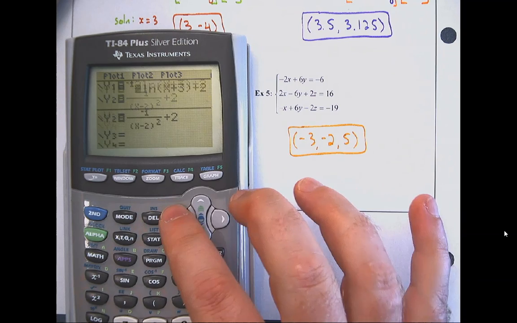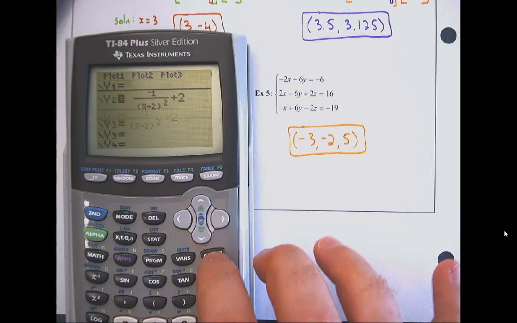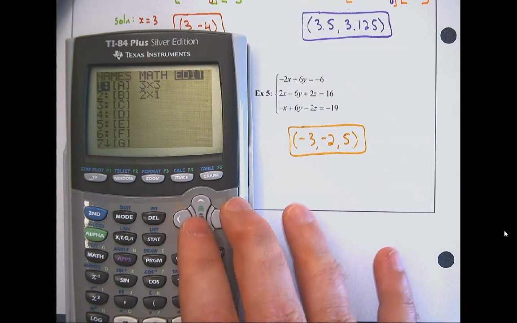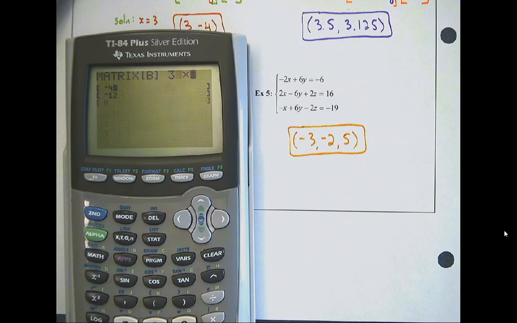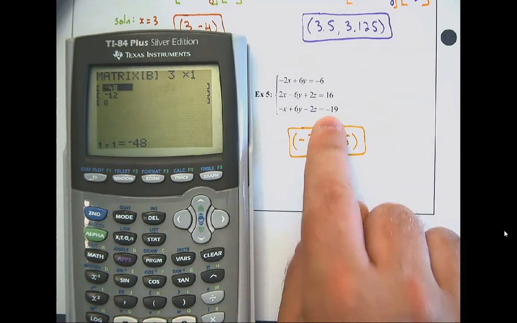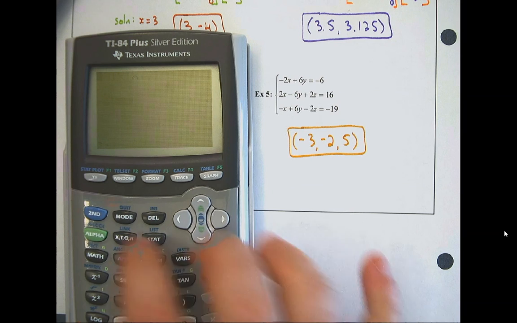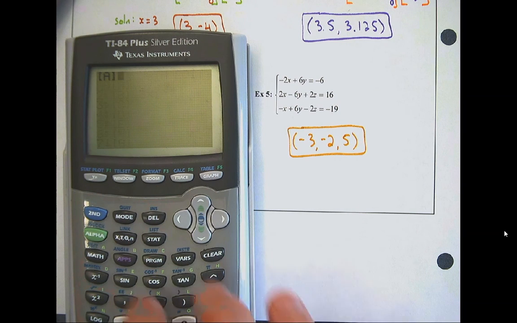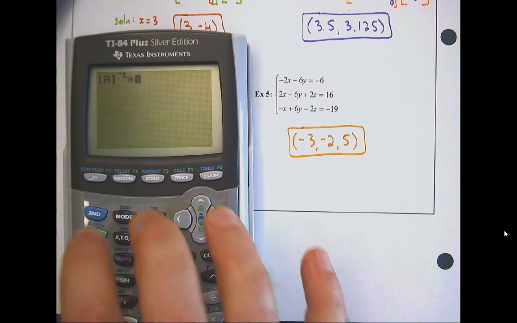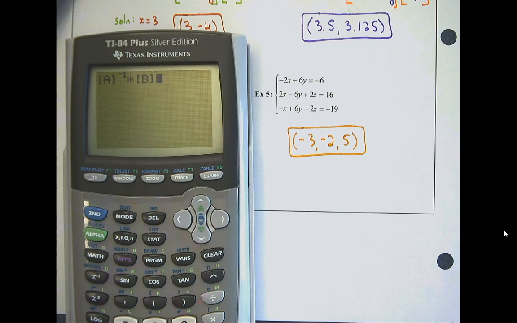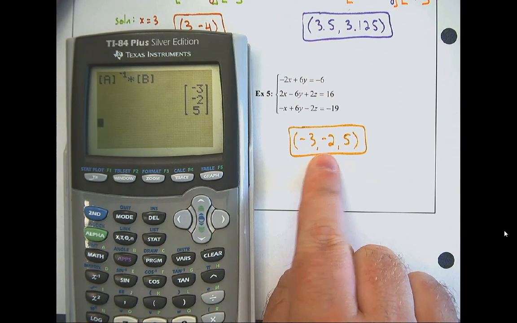Second matrix, edit, because I'm creating. This one is a 3 by 1 because I need 3 rows. Negative 6, 16, and negative 19. Quit out of there. Second matrix, A inverse, second matrix, B, and I get negative 3, negative 2, and 5.